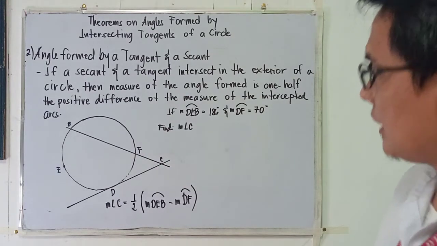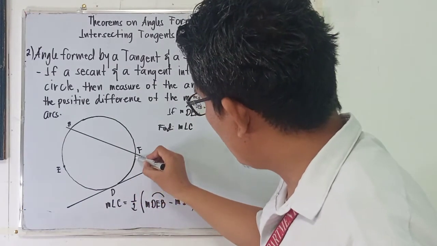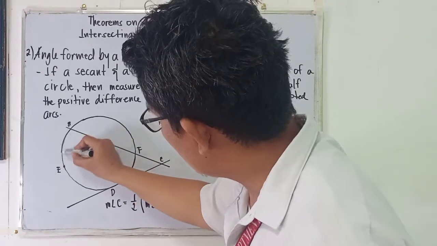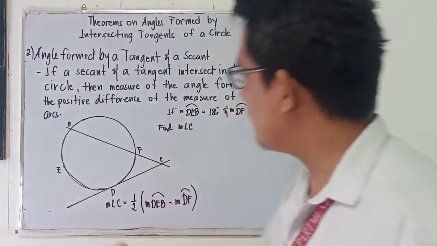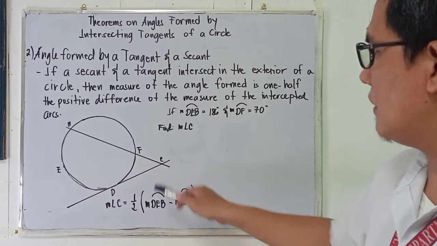The intercepted arcs are this arc here and this one here. These are the intercepted arcs of the secant and tangent line that intersect outside of the circle.